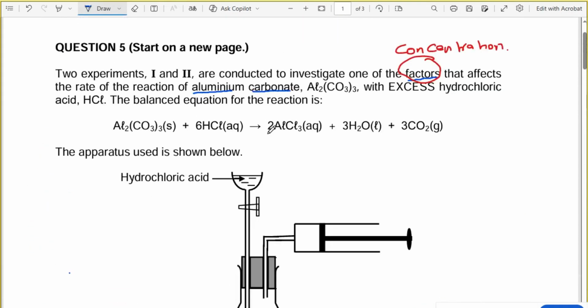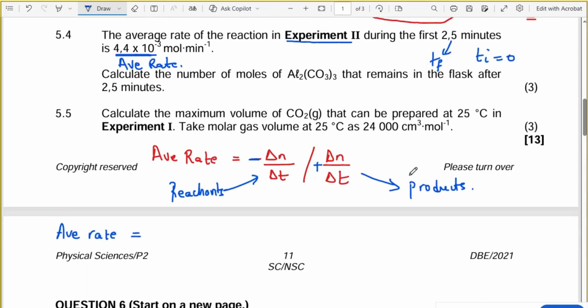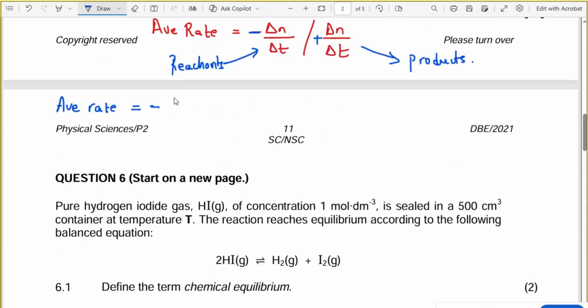And if I go to my reaction, look at where the aluminum carbonate is. It's the reactant. So now you know which one we need to use, the one that is negative, right? 100%. So now minus, I'm going to put this in brackets because the change in N tells you that the final number of moles minus the initial number of moles, divided by T final minus T initial. So without wasting time, this is the average rate. Can I take this to the other side, guys? Yes.